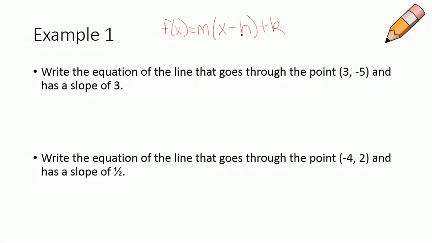So h is how did it move left or right? And k is how did it go up or down? So at this point, we moved right 3 and down 5. Think of that as an ordered pair from 0, 0. You're going to move right 3 when you would graph it, and you'd go down 5 to graph it, right? So my slope is 3, so I'm going to put that there.